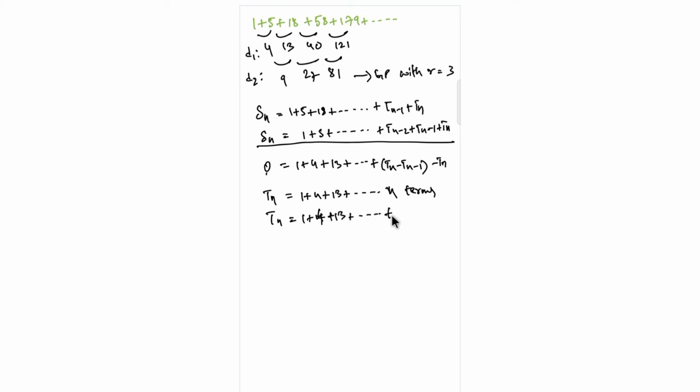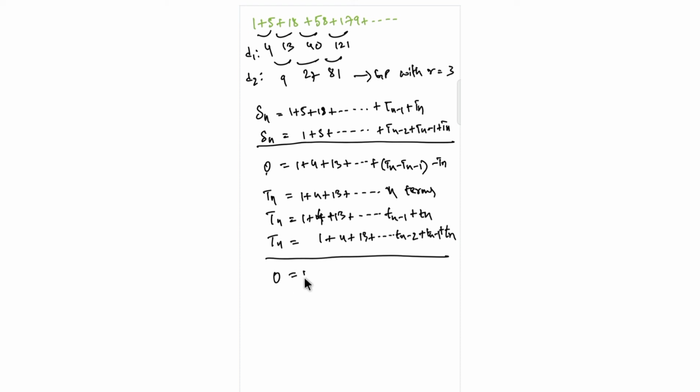These n terms are tn minus 1 plus tn, and again tn minus 1 plus tn, just shift this by one term. So you get 1 plus 4 plus 13 plus so on, tn minus 2 plus tn minus 1 plus tn. Now you just subtract these terms.